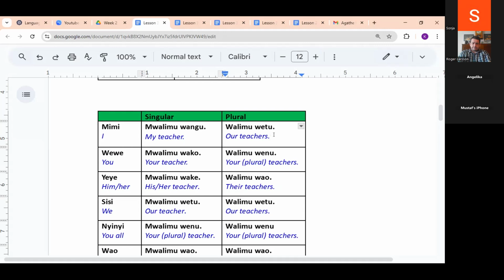Walimu wetu. Wewe, mwalimu wako. Walimu wenu. Yeye, mwalimu wake. Walimu wao. Sisi, mwalimu wetu. Walimu wetu. Nyinyi, mwalimu wenu. Walimu wenu. Wao, mwalimu wao. Walimu wao.